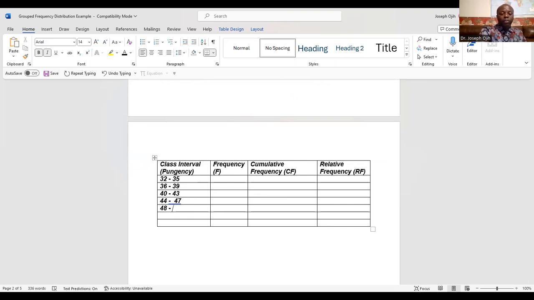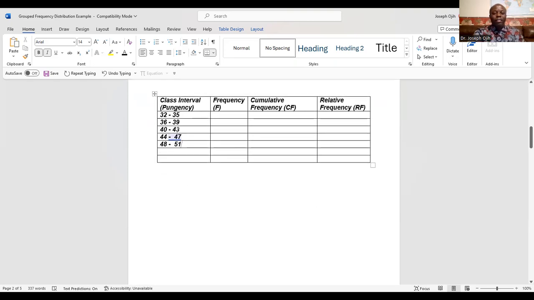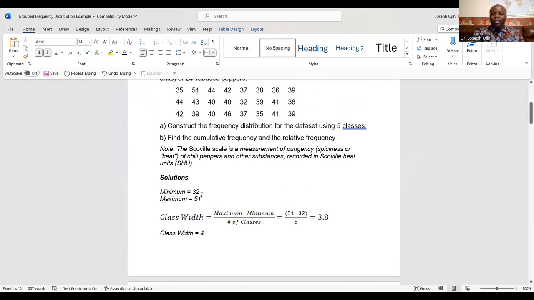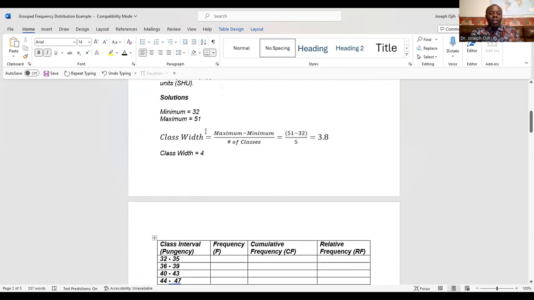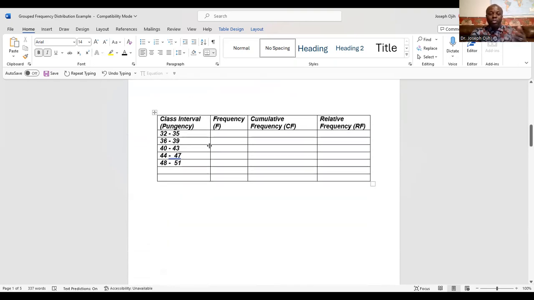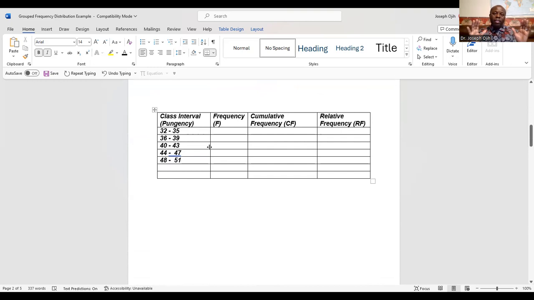And 47 plus 4 will give us 51. So you can see how it is now organized. You can see we get our 51, and that it doesn't always give you the exact maximum number each time, but at least you get all your intervals.